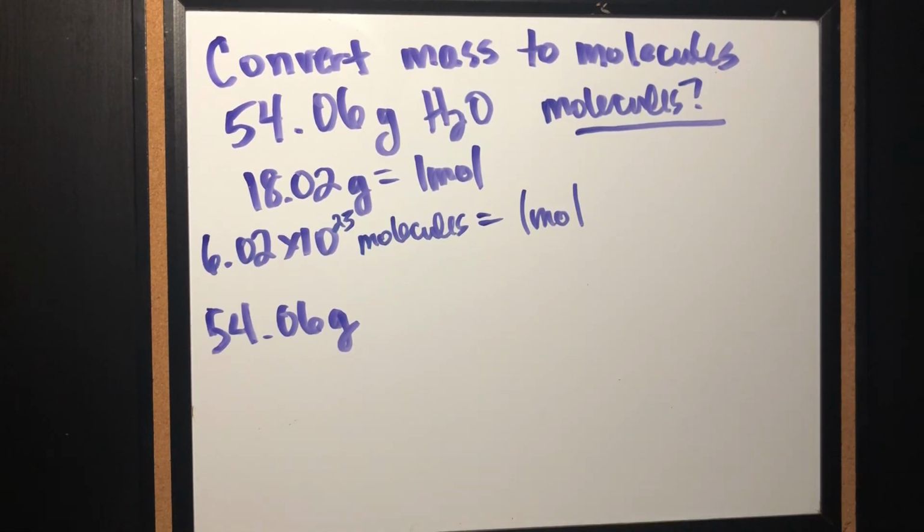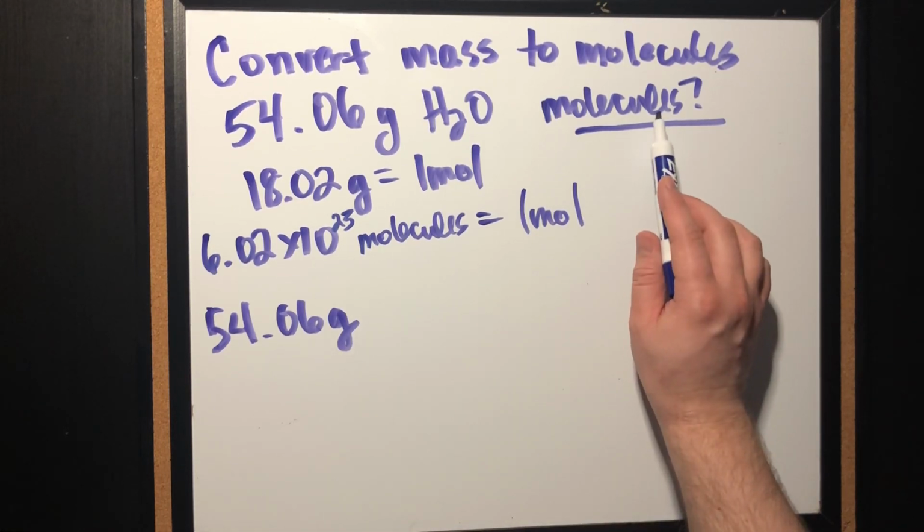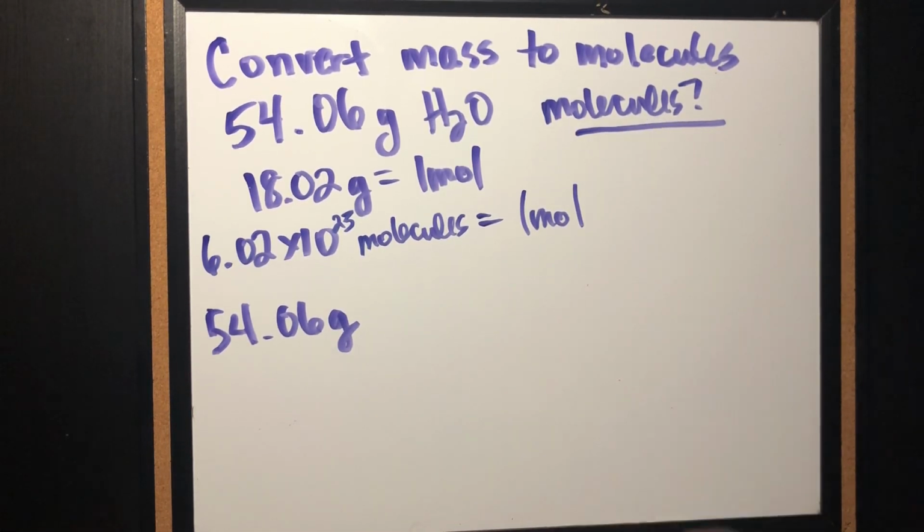This is the part that's not really clear, and you have to figure it out based on the given information, based on what you know, and based on what you're trying to figure out. I have grams here. I want to figure out molecules, but there's no one step that says there's this many grams for this many molecules. There are smaller steps in between, though.